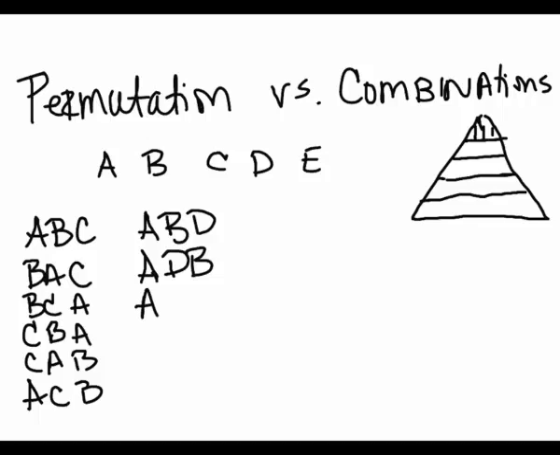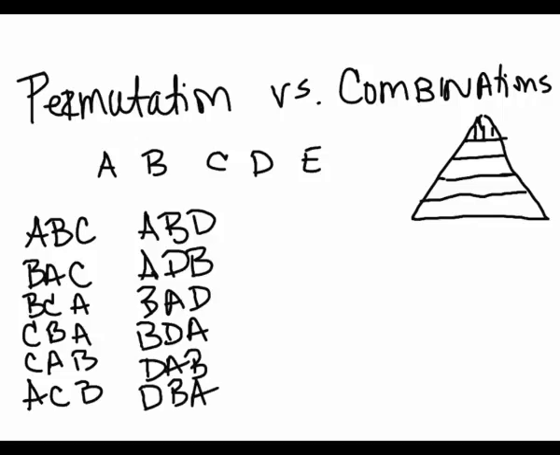B, A, D, D, A, B, D, B, A. So this is another combination, and that combination has 6 permutations. Does that make sense? A permutation, you're just taking your group and switching the order to make different orders of things. But a combination is just one combination; you're not switching the order of it.